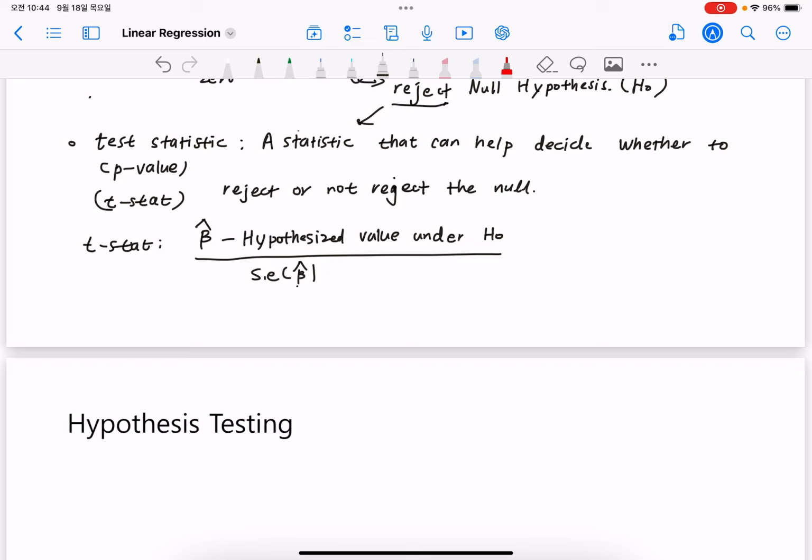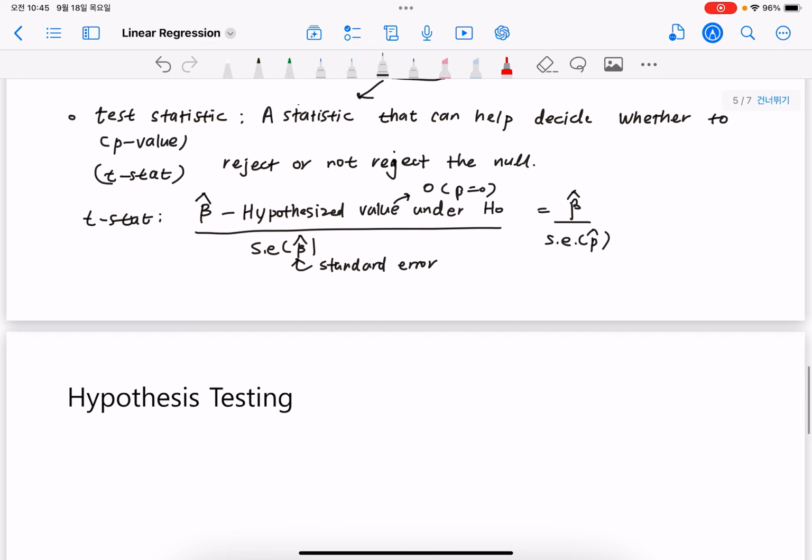I'm not going to go deeper, but this is the standard error of beta hat. The hypothesized value under the null was nothing more than 0, right? We were guessing that beta is 0 under H null. So this can be summarized as beta hat over the standard error of beta hat.